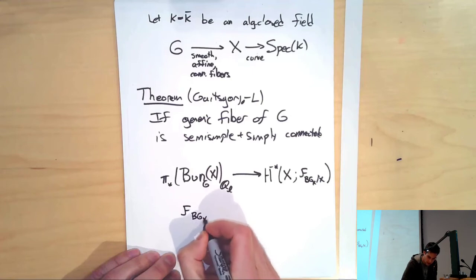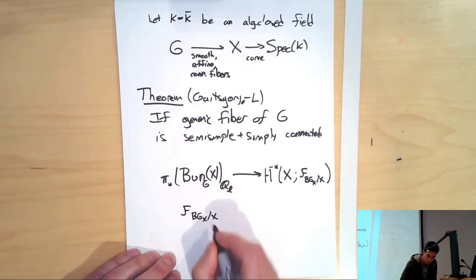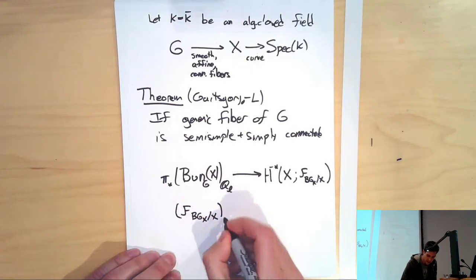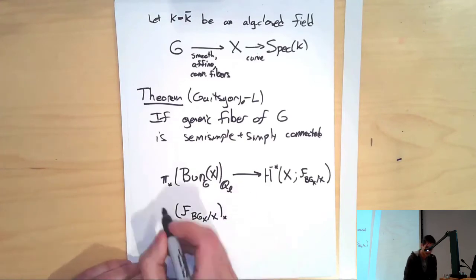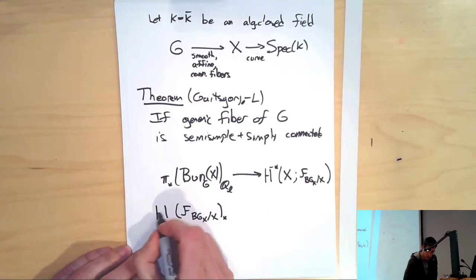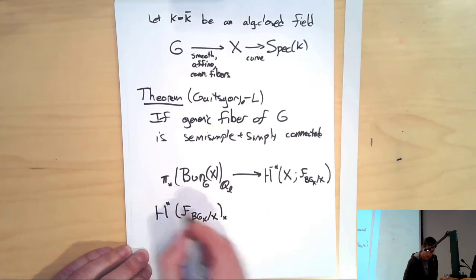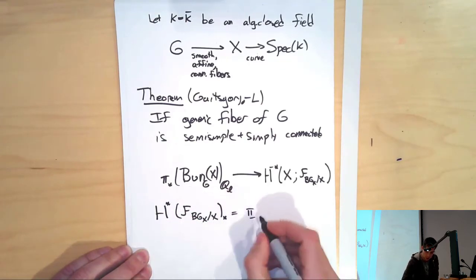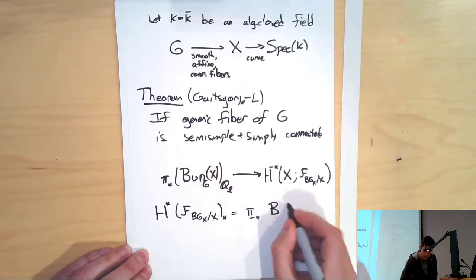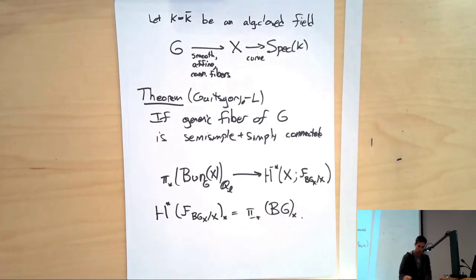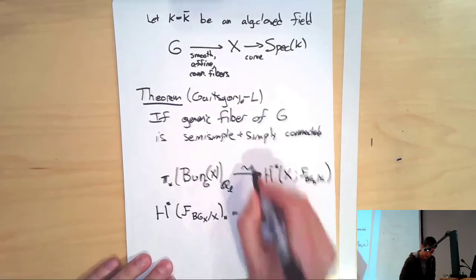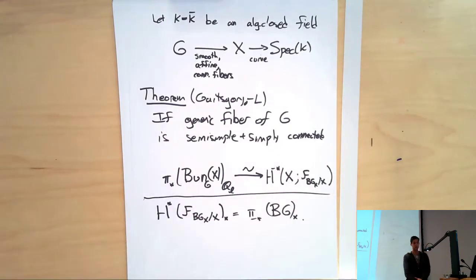Well, I didn't tell you how to define it, but I told you the essential property that it has, which is that if you take its stalk at any point little x, then you get a complex whose cohomologies are the homotopy groups of the fiber of BG at that same point. Well, sorry, so the theorem is that there's some natural map that's an isomorphism.